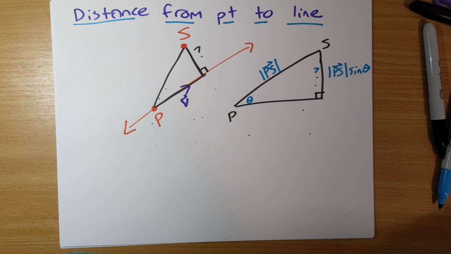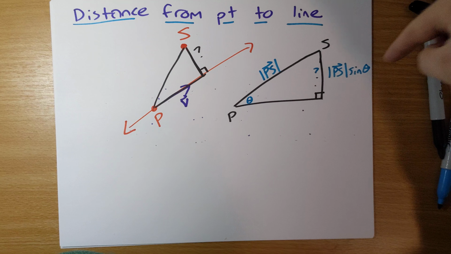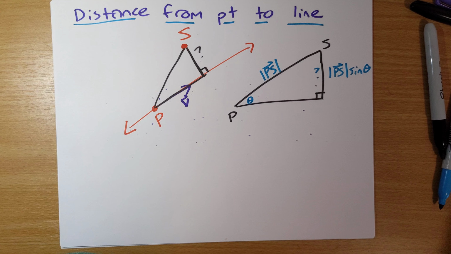And here's the trick. We want to think back to the cross product, section 12.4. What do we know about distances and sine of theta?